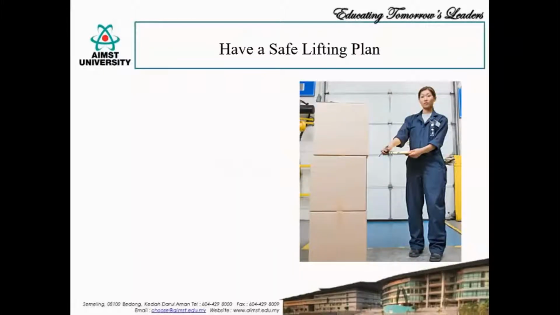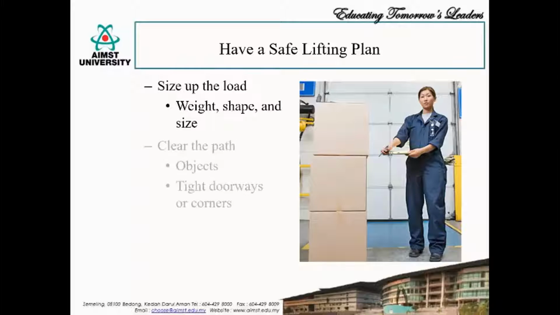How to do a lifting? First thing is plan. We need to see the weight of the object, shape of the object, and size of the object. If the weight is too heavy, then you need to call for an attendant or a helper.